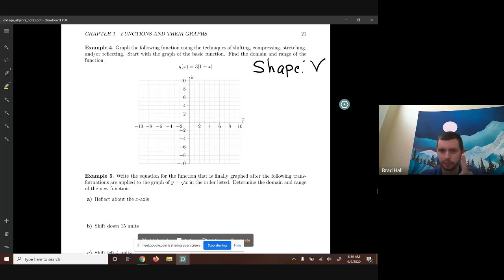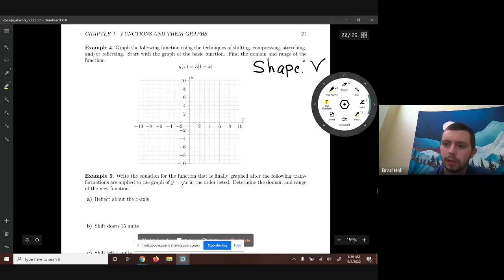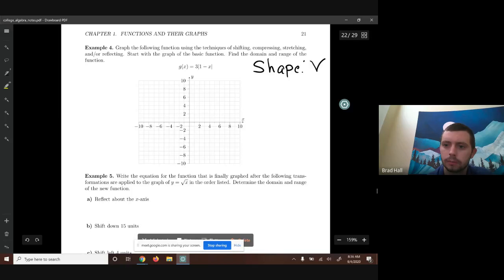Now you'll learn about the vertex in that video that I pre-recorded, which you have to watch on your own. But here, and just in general, the vertex is the point from which the function kind of grows out. We tend to see this with the cup shape as well.